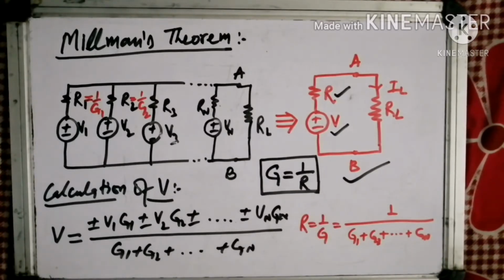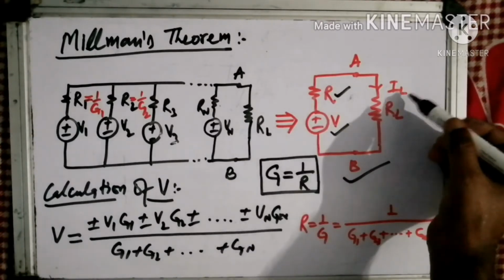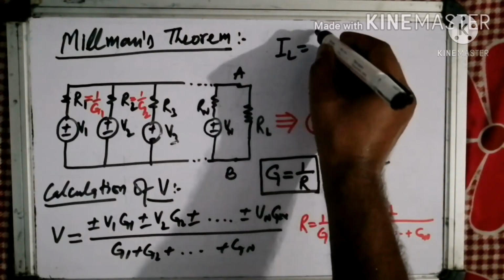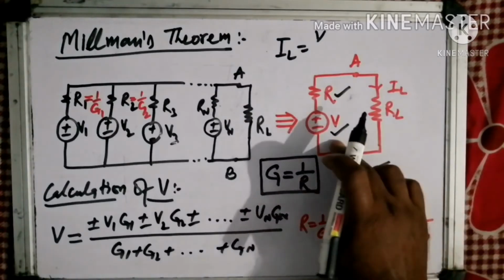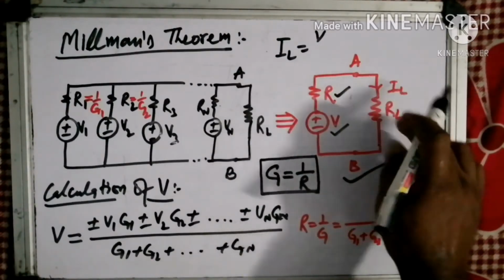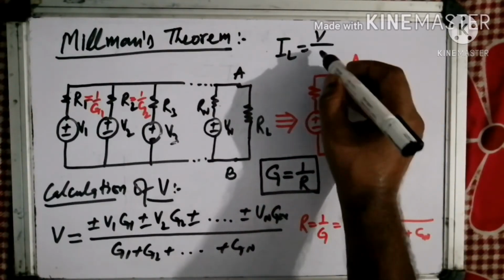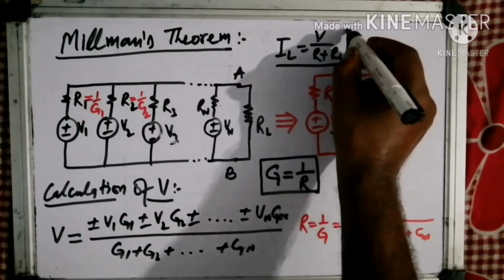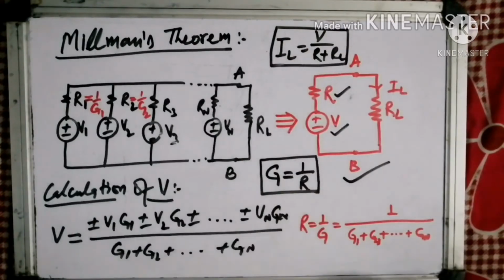Now, we can calculate the current through the load resistor, which is IL equal to B divided by R plus RL. This is the formula for the calculation of current through the load resistor. So this is all about Millman's theorem.